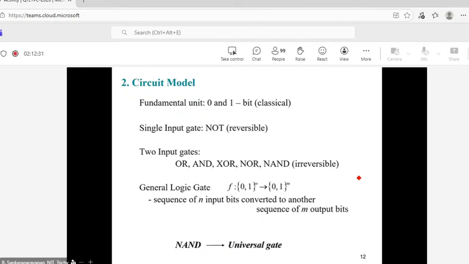There is a beautiful fundamental theorem which says that any arbitrary logical operation can be decomposed into these fundamental gates, and so these gates are important in building up complex logical operations. Of course, there is also practical importance for the NAND gate, which is considered to be a universal gate for various practical reasons, which I won't go into detail about.